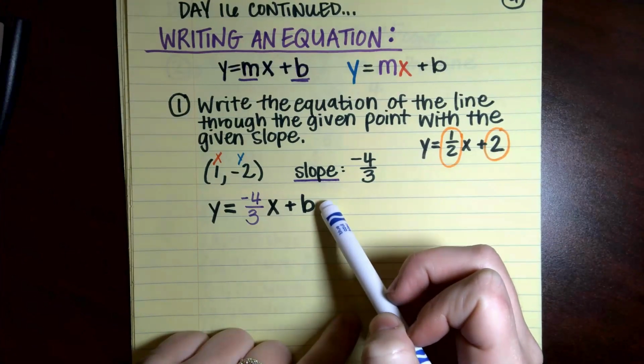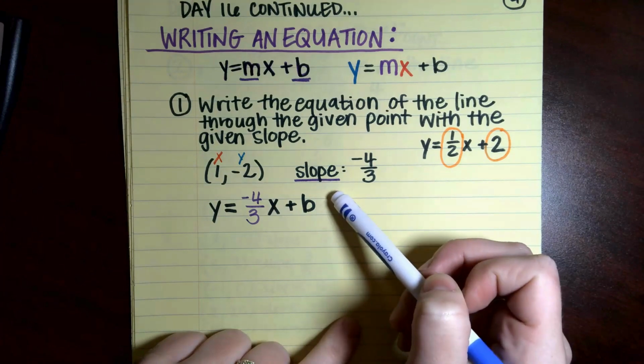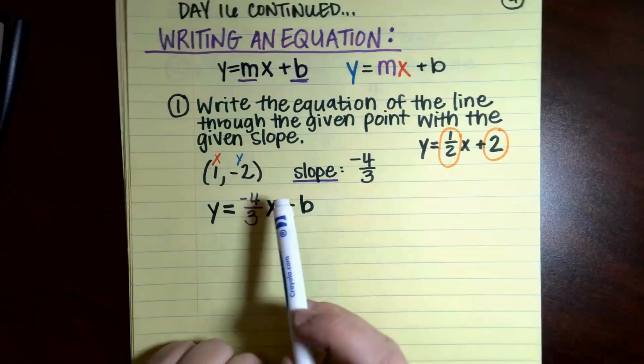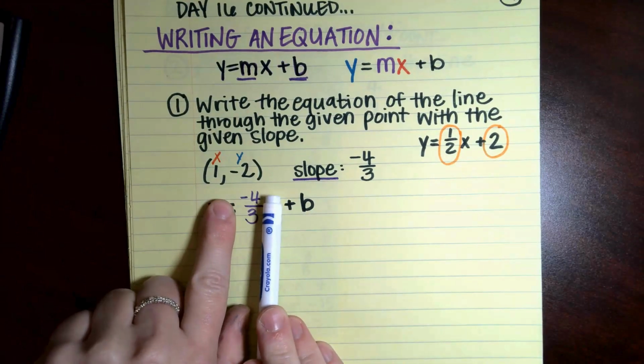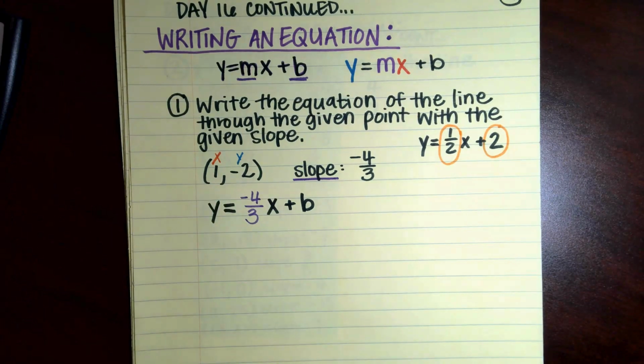We don't have a b yet. What values do we have, though, that we could plug in to solve for b? We have an x and a y. Guys, if I plugged in the x and the y, all that's left is b. We're just going to solve for b here. So let's go ahead and do that.